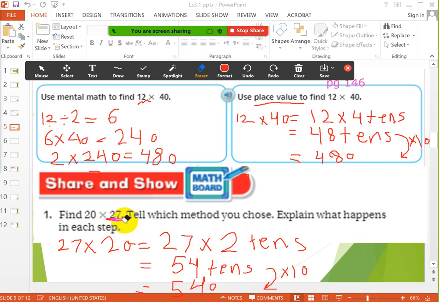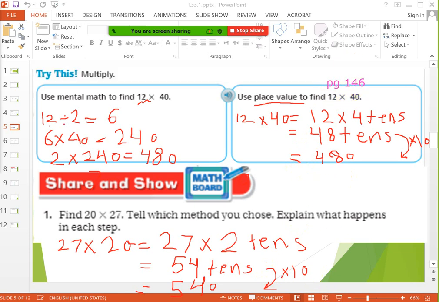Then I will multiply with the tens number. At last I have to double the answer. But it will be hard for you. The easiest way is to use place value. Okay, girls? The easiest way is place value.